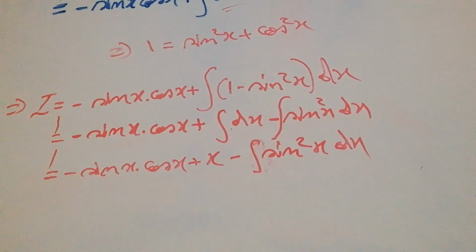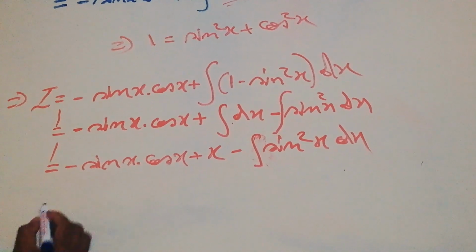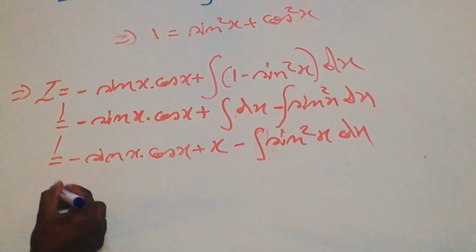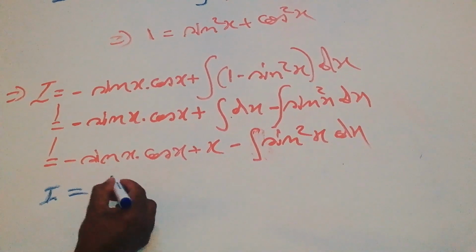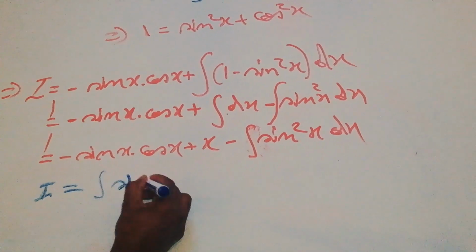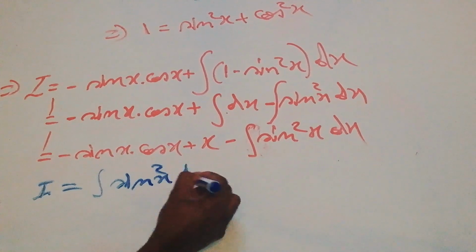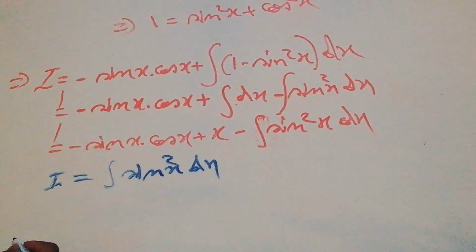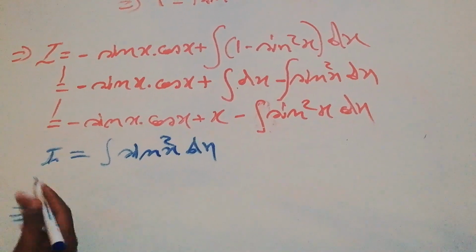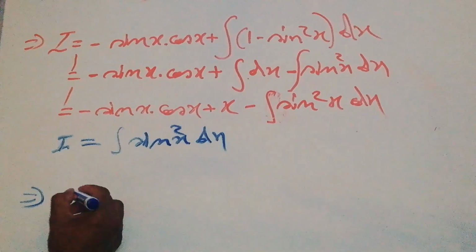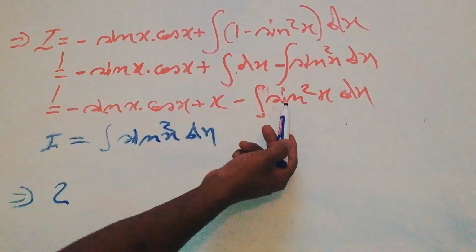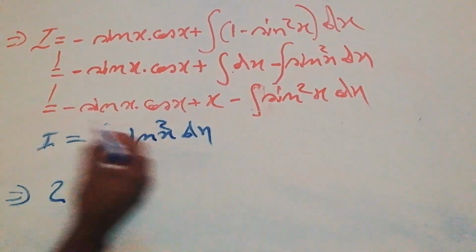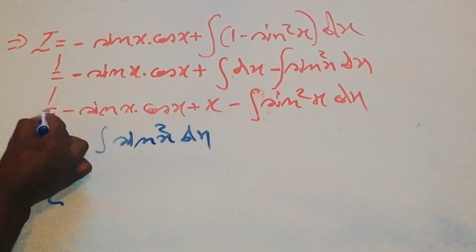So remember that our question was we must find the integral of sin squared x dx, which is the same as that one, right? Which gives me then the power to say that, okay, 2, because this one comes to this other side of the equal sign.